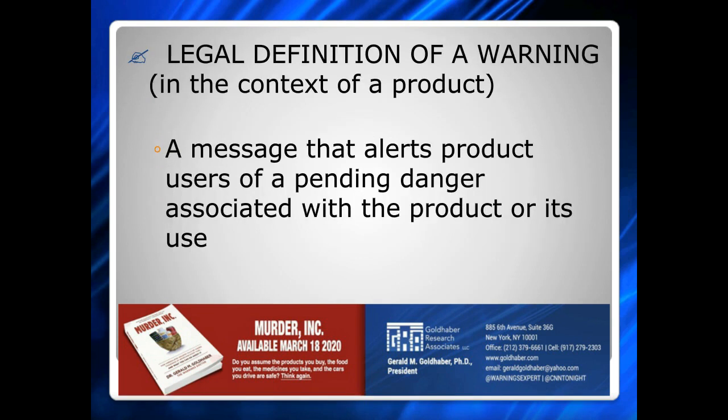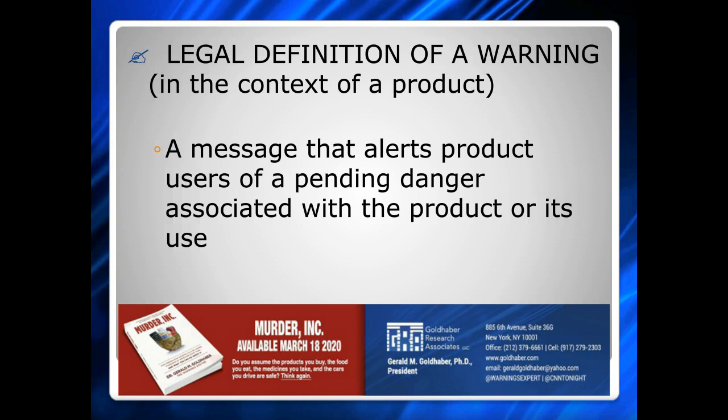First and foremost, we have to know what is a warning. Well, as I say here, a warning is a message. It's a form of communication, and it tells product users, consumers, about any danger that may be associated with the product or how you use a product. That's the key part. It's about a danger that you might be confronting when you buy or use any product.